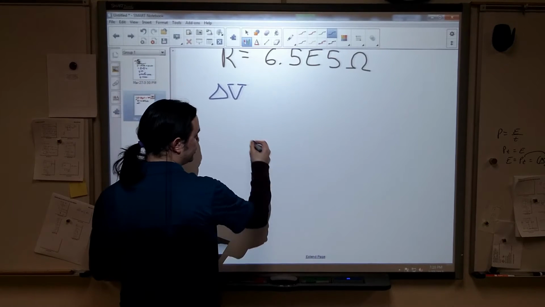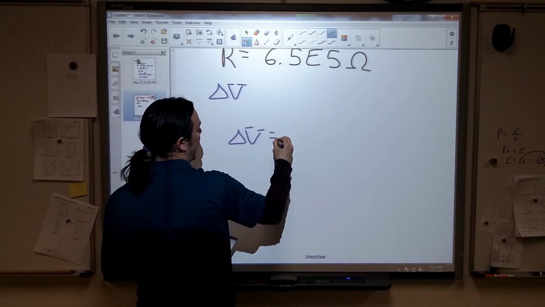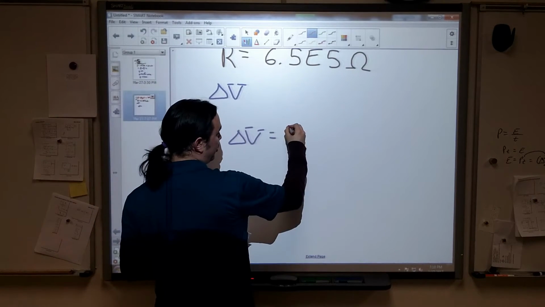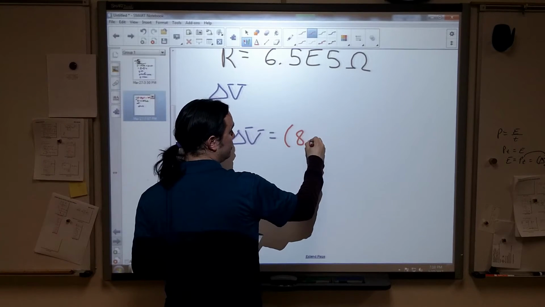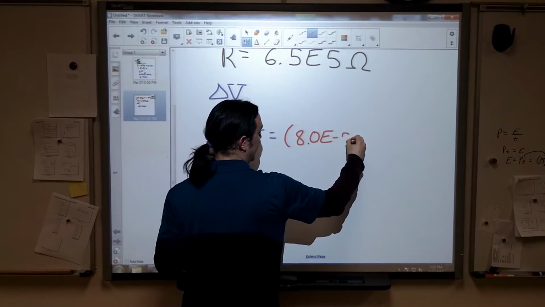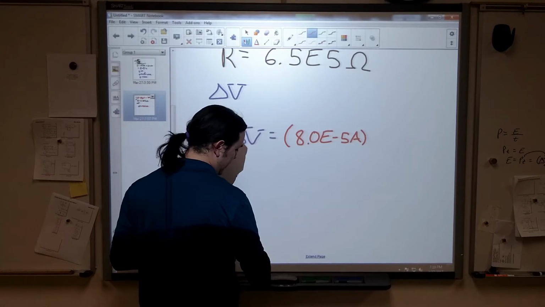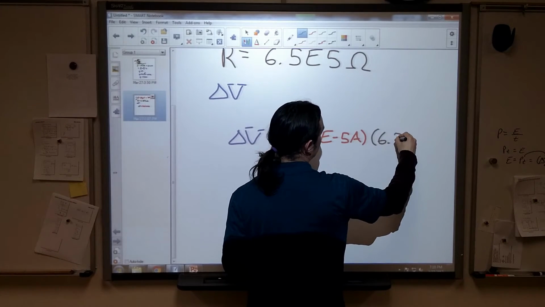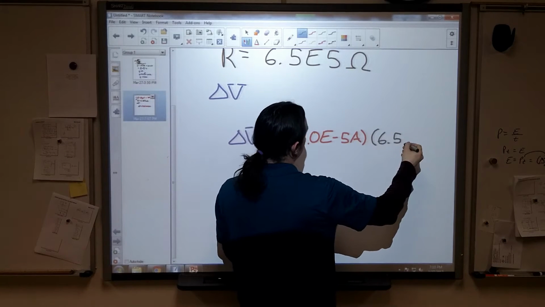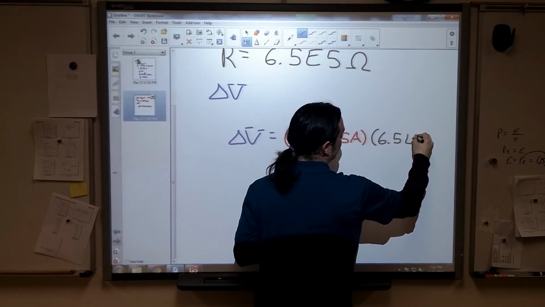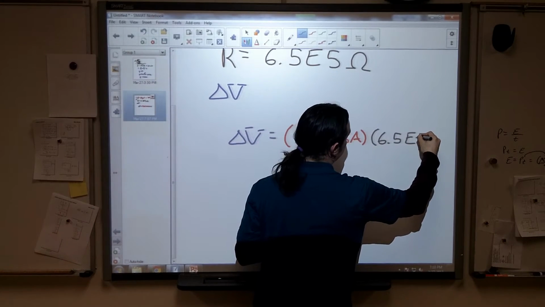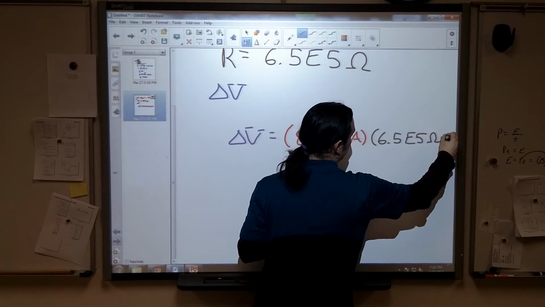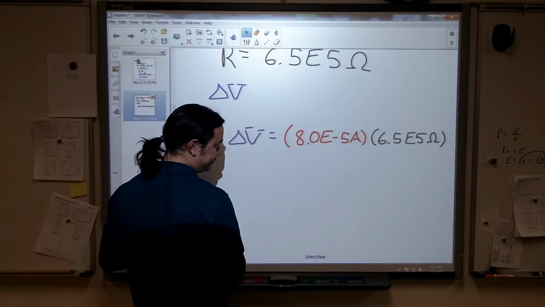What we're looking for is going to be delta V, at which we end up with a current of about 8.0 times 10 to the negative 5th amp, 80 microamp, times the resistance of our skin and our thumb and index finger, which they estimate to be 6.5 times 10 to the positive 5 ohm.